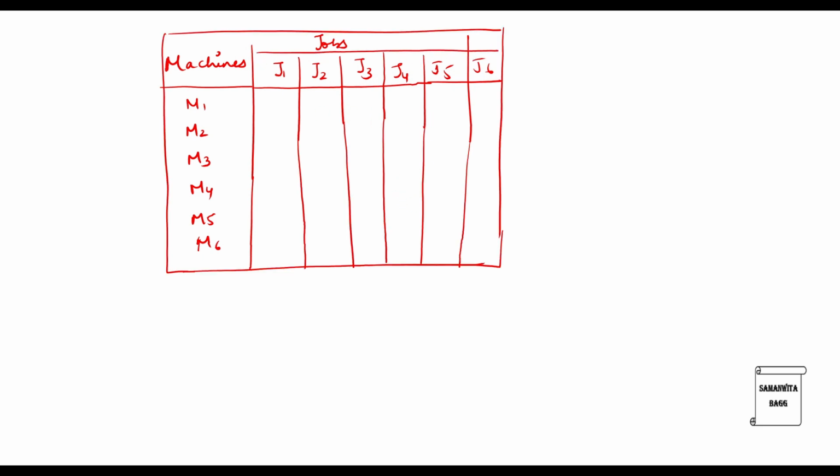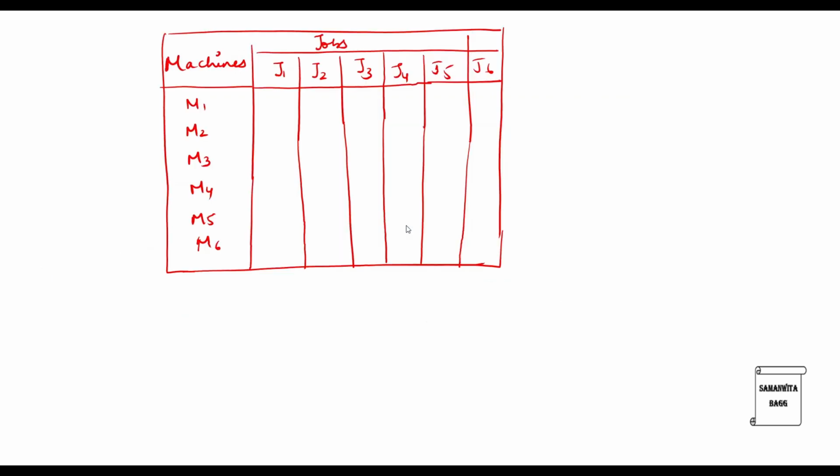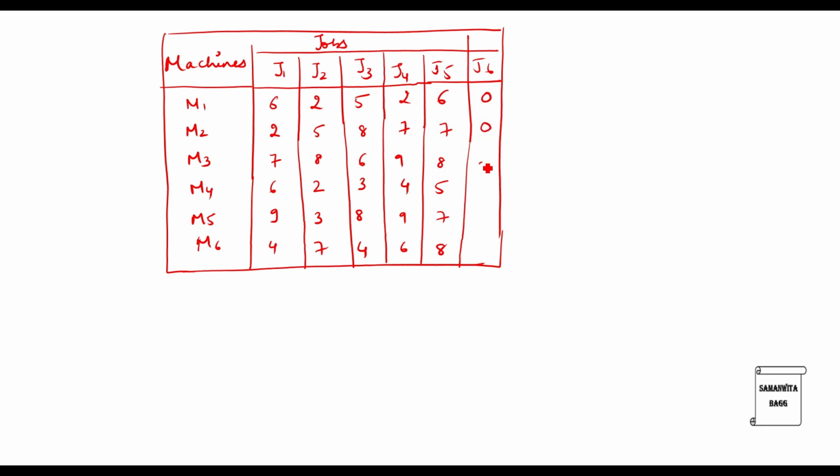Here we will write down the numbers from this table itself. The cost value is given. So I'll copy all the values from here. So these values I've taken from the main table, and in the dummy column I will write down all the values as 0.